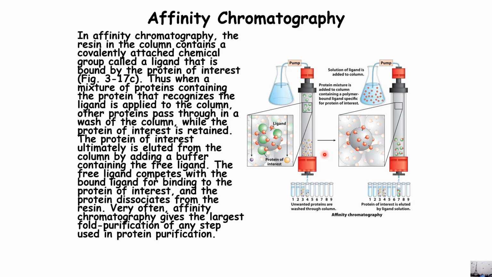The protein of interest will ultimately be eluted from the column by adding a buffer containing the free ligand. The free ligand will compete with the bound ligand for binding to the protein of interest, and the protein will dissociate from the resin.